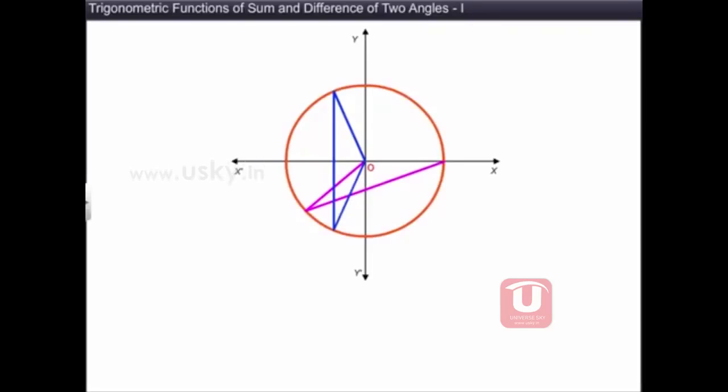Consider a unit circle such that its center is at the origin. Let A, B, C and D be points on the circle such that angle AOB is x, angle BOC is y, and angle AOD is minus y.